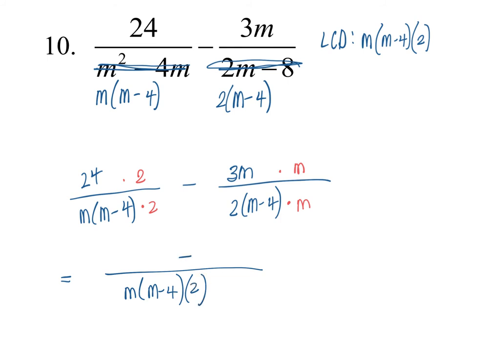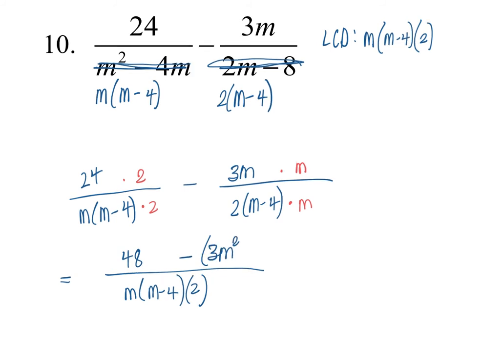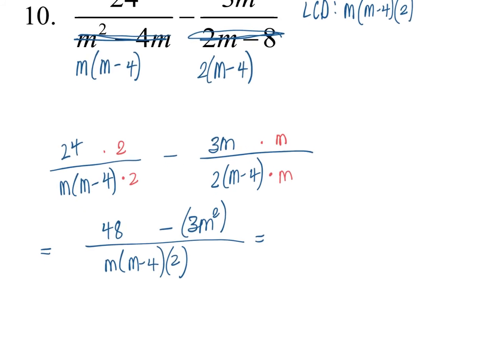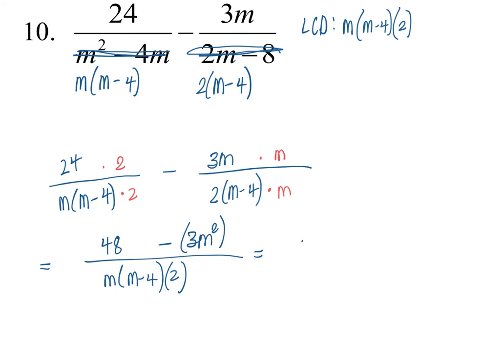In the top, we get 48 for the first, and over here we get negative 3m squared. So now that's just 48 minus 3m squared. You can't combine any like terms right there. But I do need to look and make sure everything is factored.